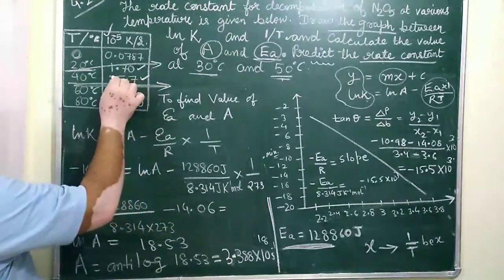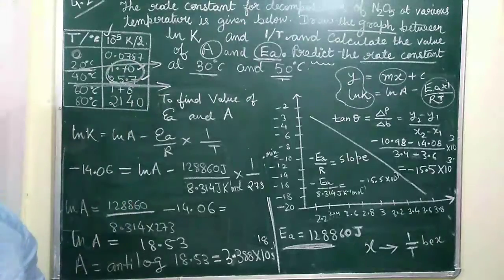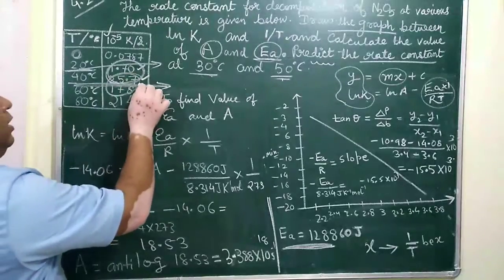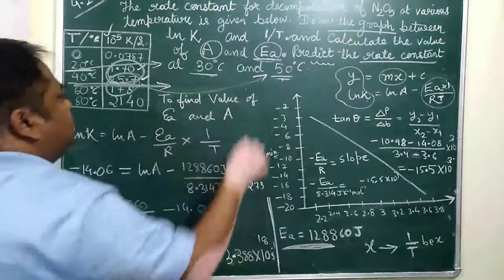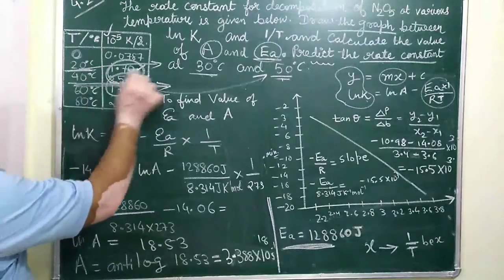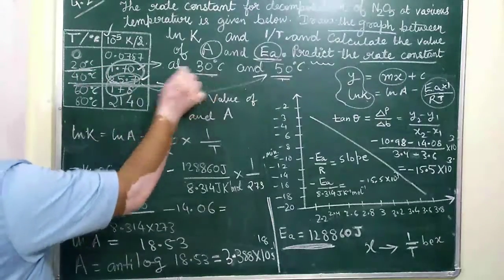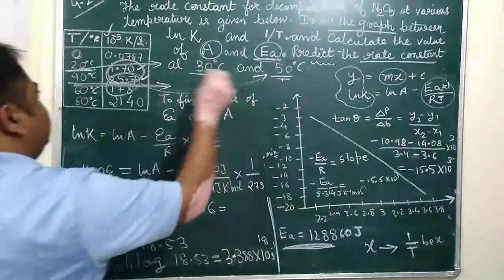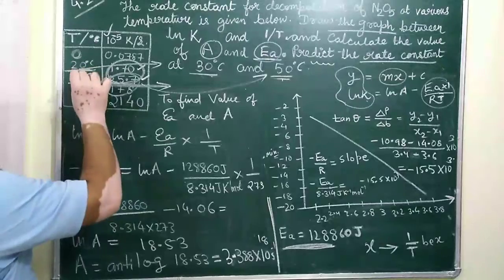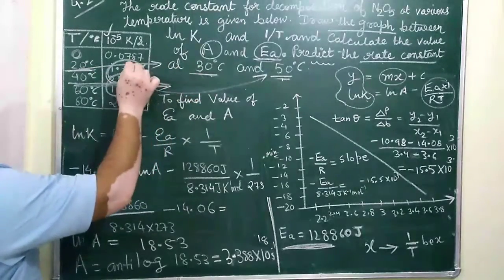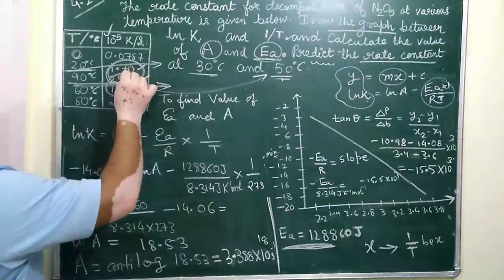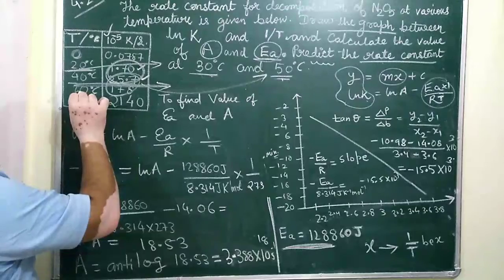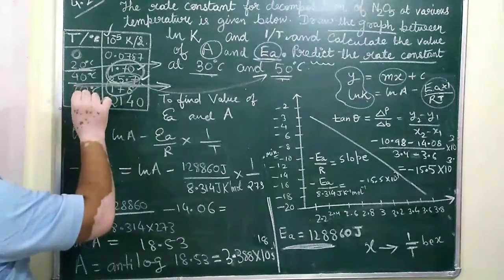So average of these two will give the rate constant at 30 degrees C, and average of these two will give the rate constant at 50 degrees C, because 20 plus 40 divided by 2 is equal to 30, and 40 plus 60 divided by 2 is equal to 100, 100 divided by 2 is equal to 50 degrees C. Corresponding to that, the average of this value will give the rate constant here, and for 50 degrees C this value you will get.